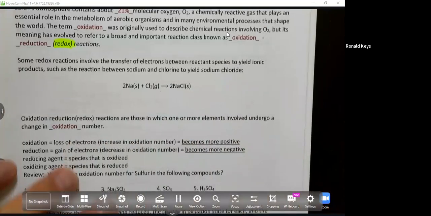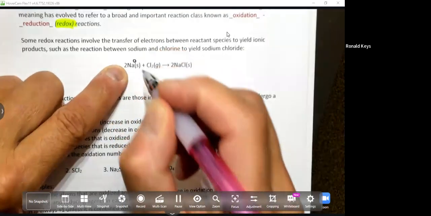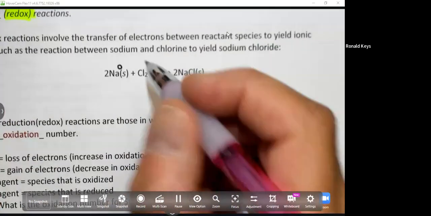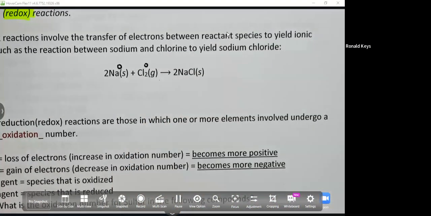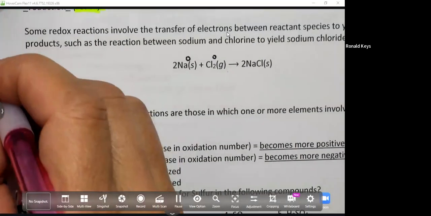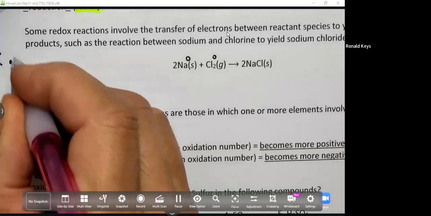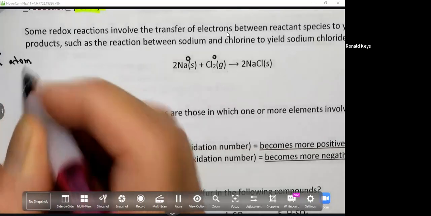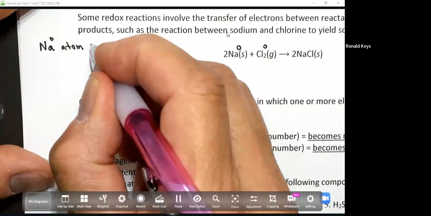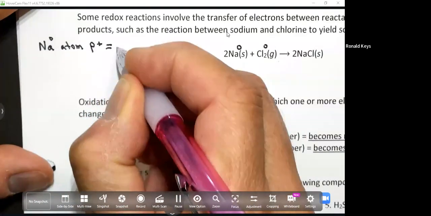Now let's look at what's happening here. There is no charge on this sodium. There is no charge on the chlorine. Let's review that. If you have sodium with no charge, it is an atom. By definition, in a neutral atom, the positive protons equal the negative electrons.